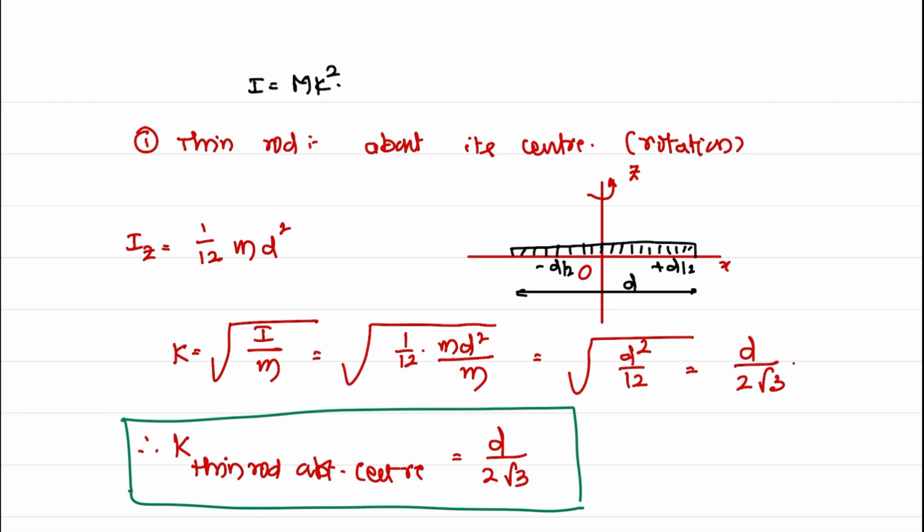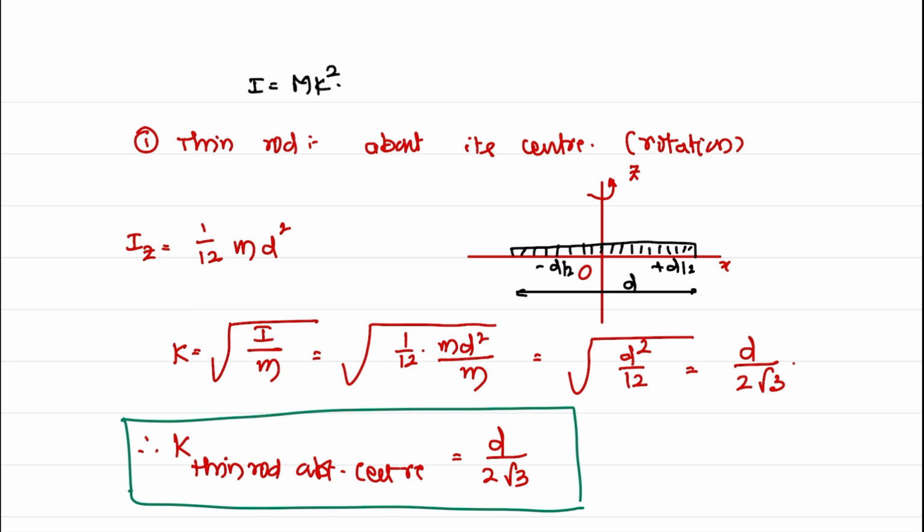Similarly, you do it for other shapes, for a hoop, for a solid disc. Once you start doing it for all the shapes, then you will confidently answer the questions given in the examination. This is what is expected from the aspirants of NEET.